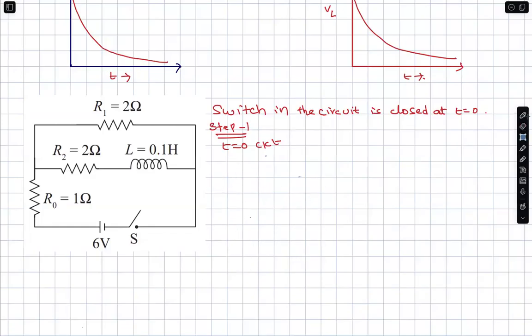At t is equal to 0 circuit, remove the inductor branch. Why? Because at t is equal to 0, it acts as an infinite open resistor. So therefore, what is going to happen?